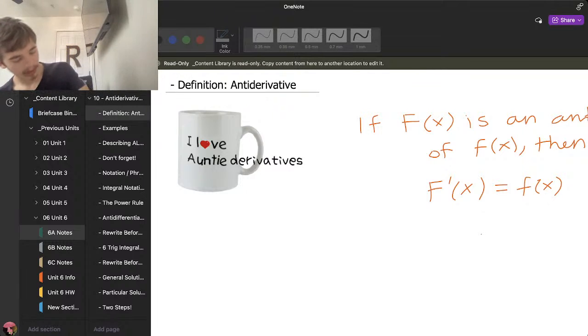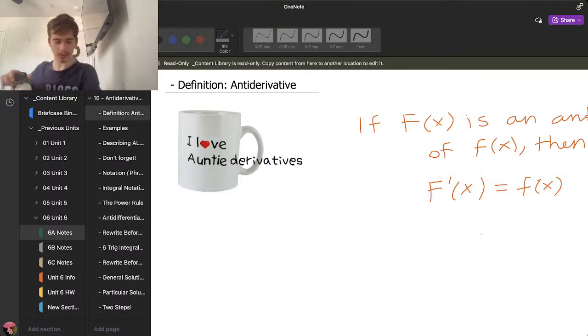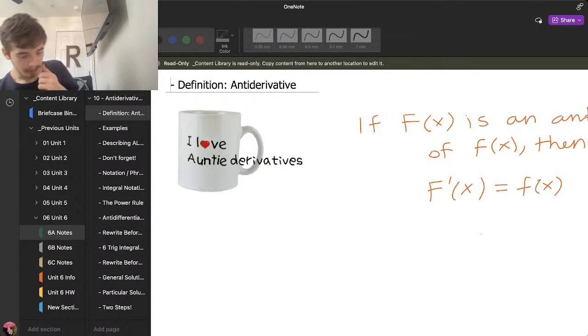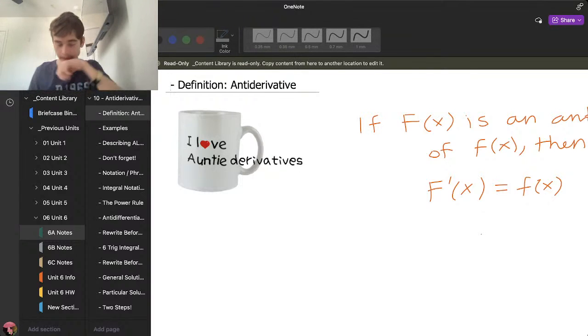I just use calculus to approach it. I don't know if you use calculus. You guys have interesting ways to approach it, but anyway, antiderivatives.